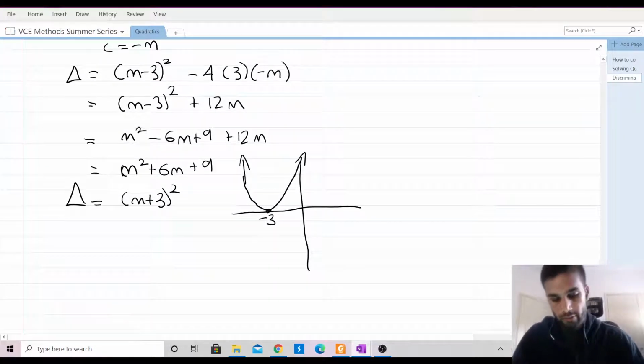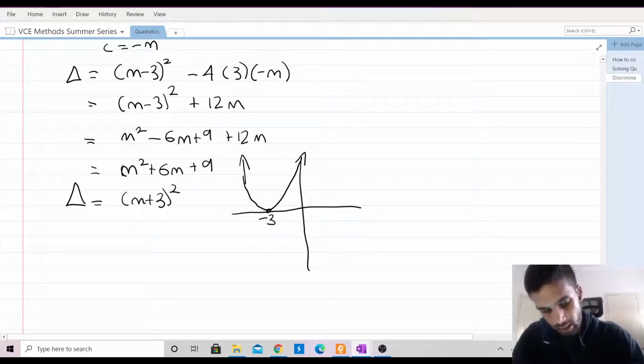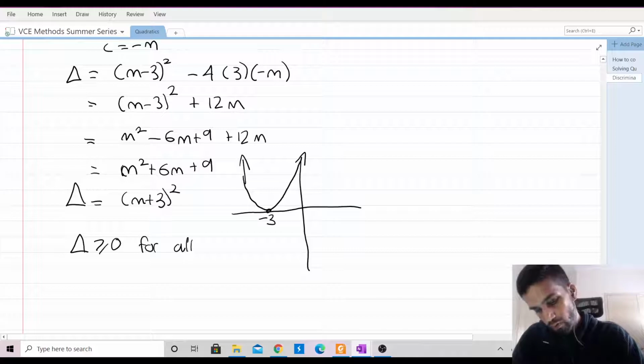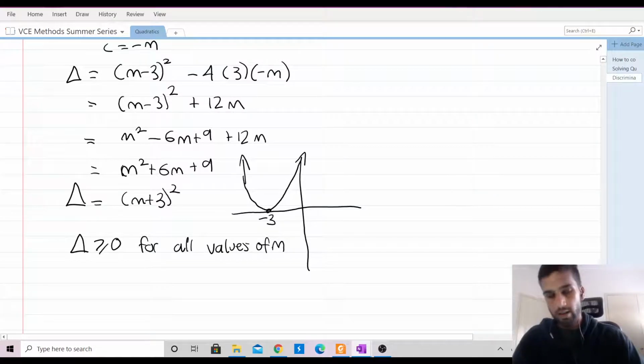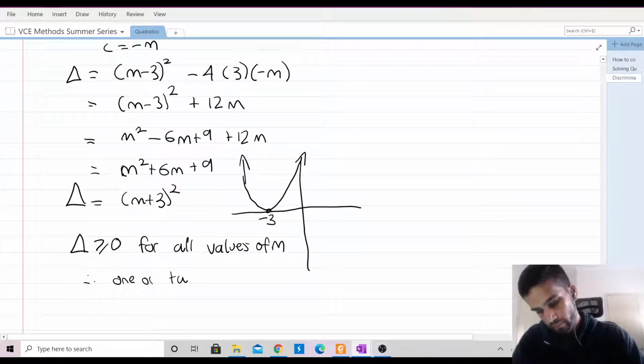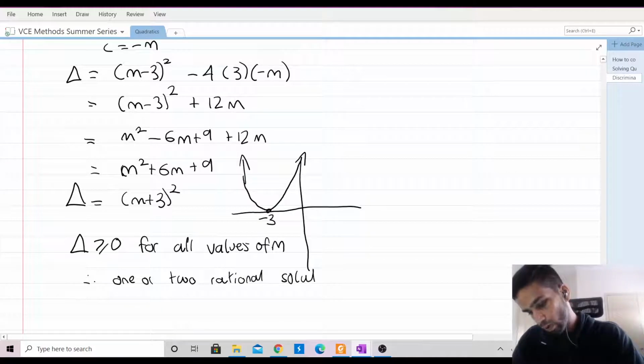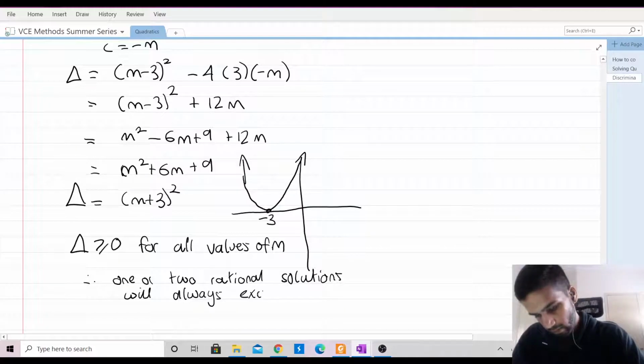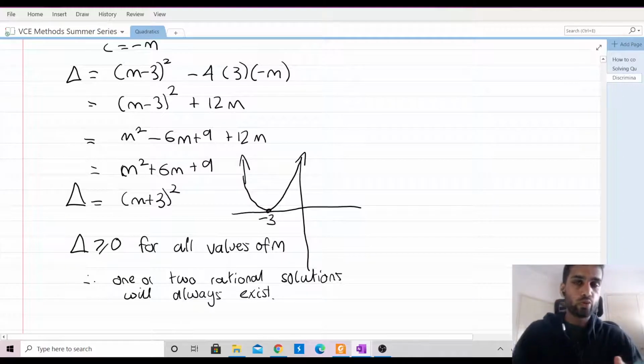So what we have to write is the discriminant is greater than or equal to 0 for all values of m. Therefore, one or two rational solutions will always exist. There's never going to be a situation where the discriminant is less than 0, and therefore there is no solutions to that equation.